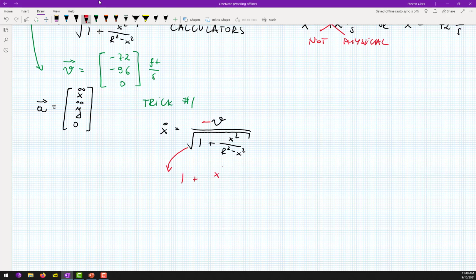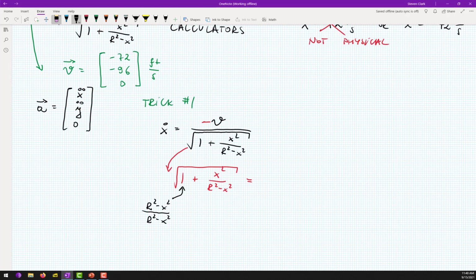1 plus x squared over r squared minus x squared. I would like to express this in an intelligent way. I believe it can be expressed like this: r squared minus x squared divided by r squared minus x squared. I can always do that, this is one, basically.